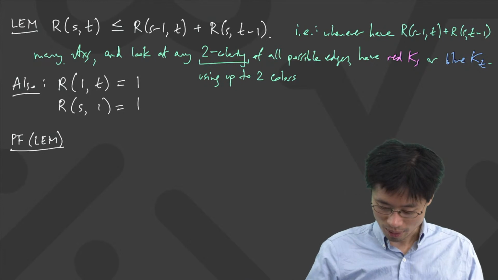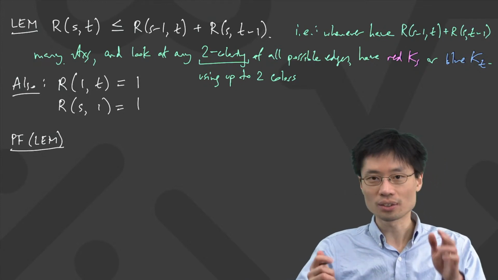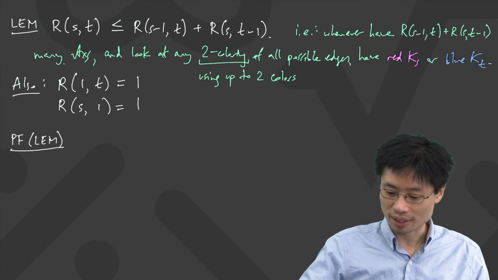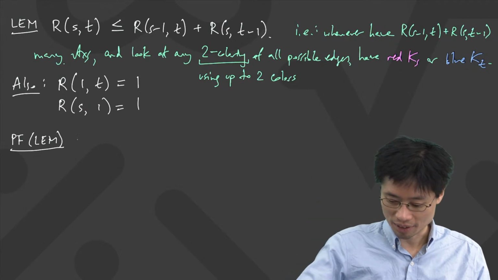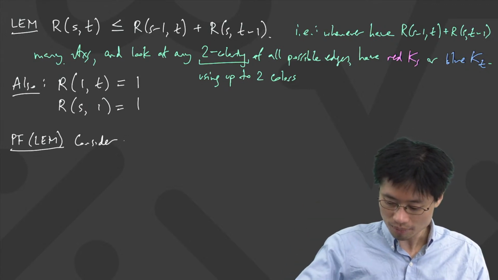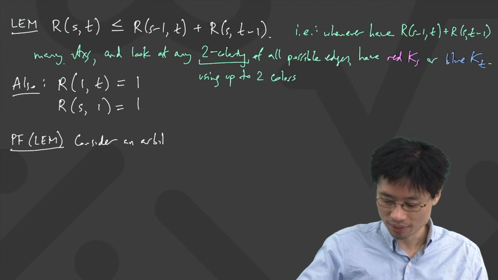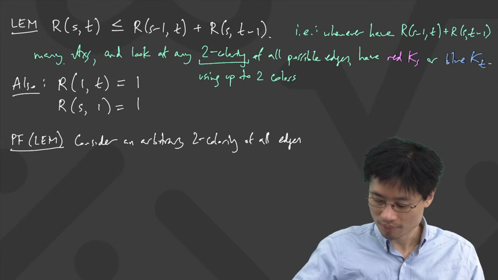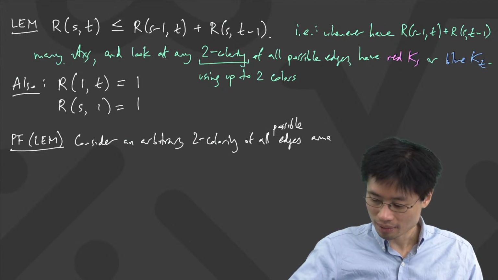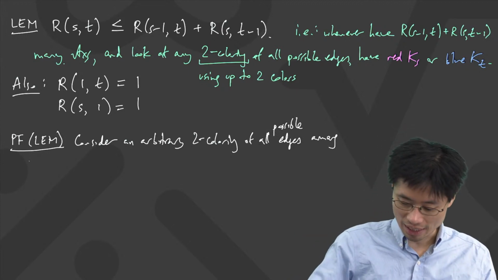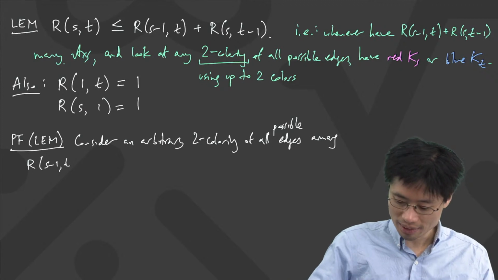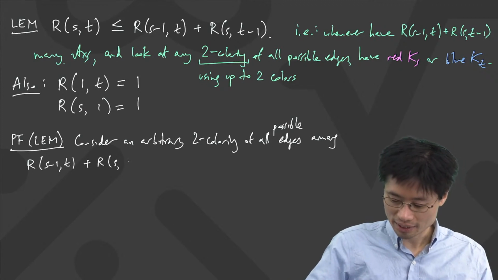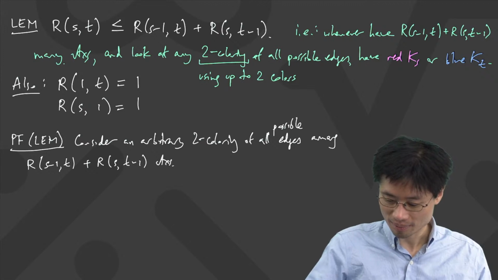But the proof of the lemma, back to this, is: consider an arbitrary two coloring of all possible edges among that many vertices, rs minus 1 t plus rs t minus 1 vertices.